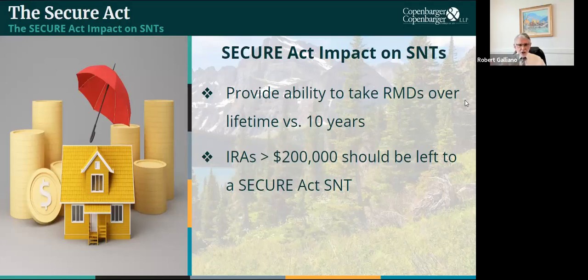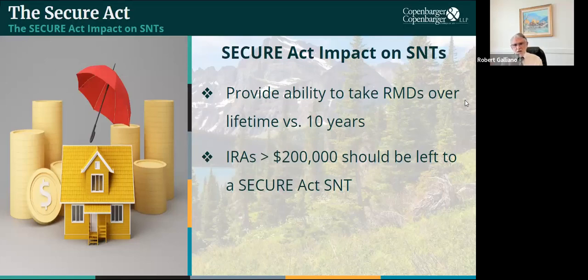Therefore, we have to be sure that we have a trust that is now called a Secure Act Special Needs Trust that has all the proper verbiage and so forth of the Secure Act that can handle inheriting IRAs, so they can qualify under the rules of the Secure Act and continue to take the distributions over their lifetime as opposed to over 10 years.